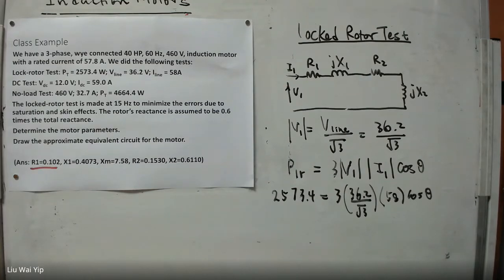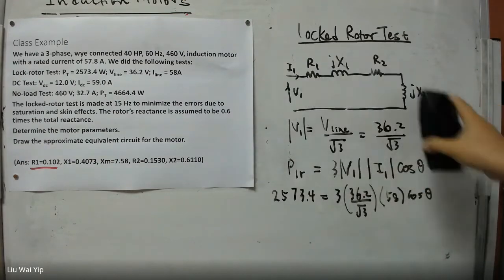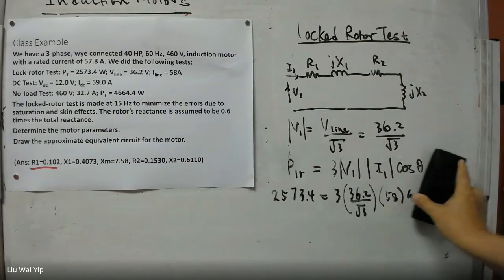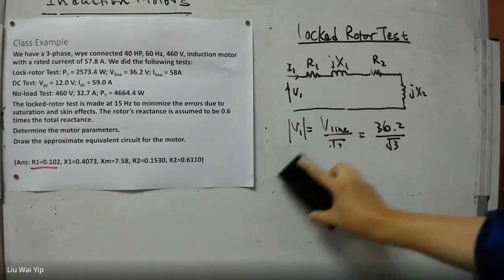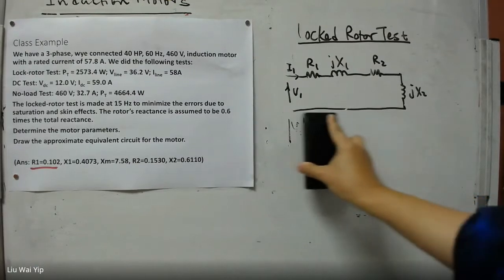We can use another way to do it. We have the value here, so we don't need to go through this cumbersome step. There is another way to do it.